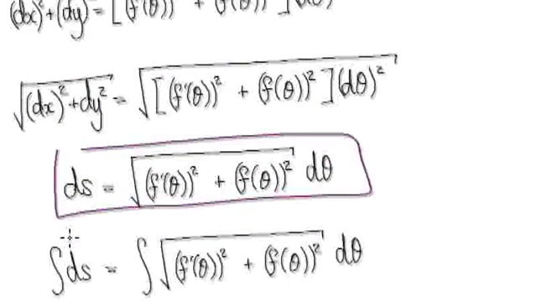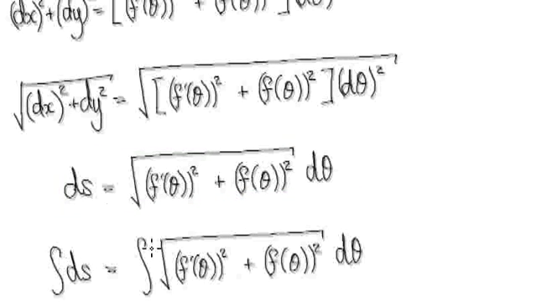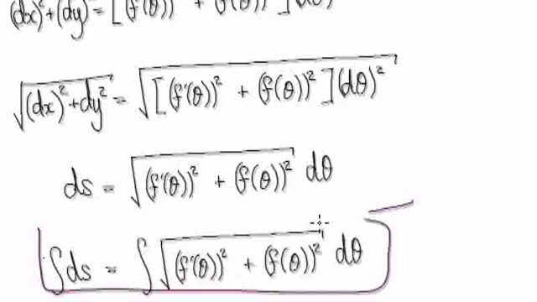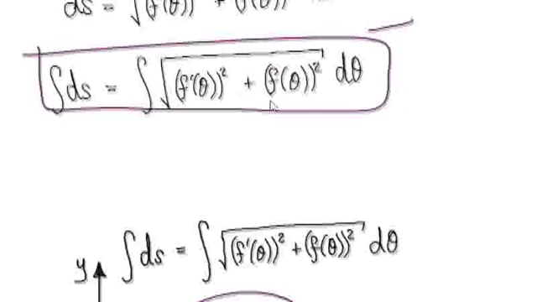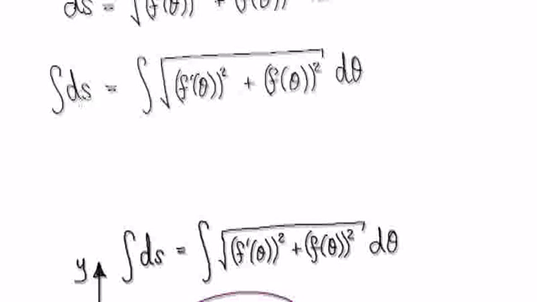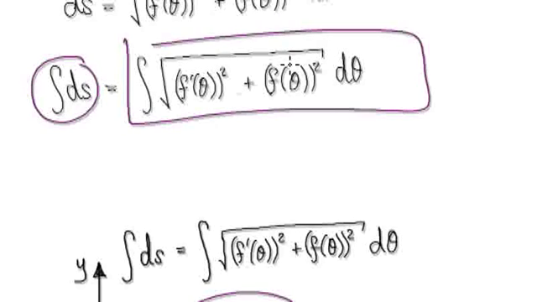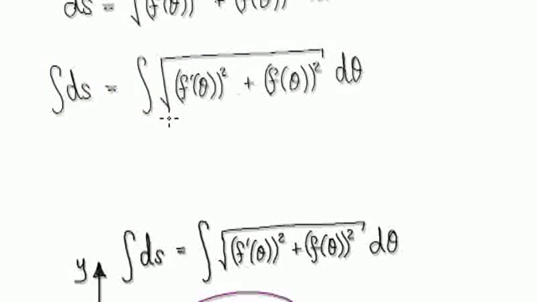If you sum up all the ds's, that will give you the actual path. What this statement means is that the actual arc length is the integral of this whole thing here from one angle to another angle.